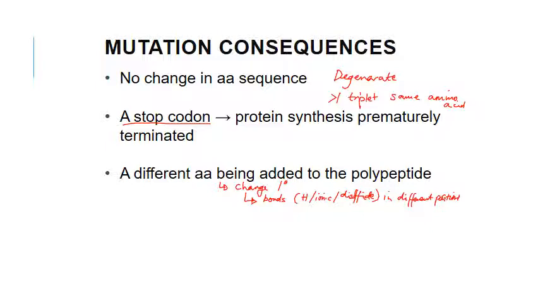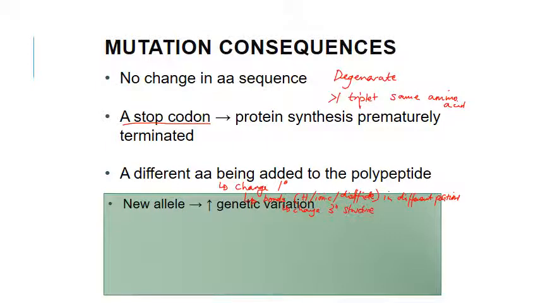If those bonds form in different positions, that causes a change to the tertiary structure. And a change to the tertiary structure may result in a protein that functions differently, or a protein that doesn't function at all.